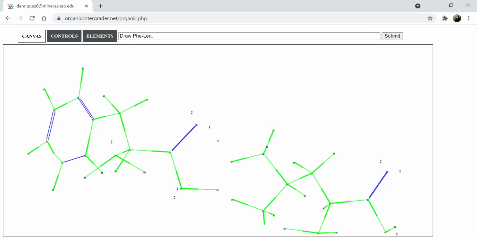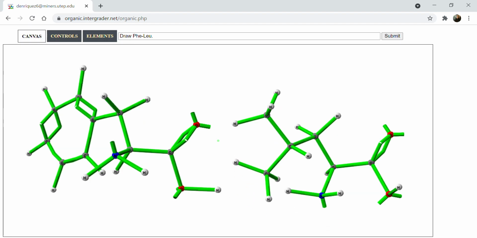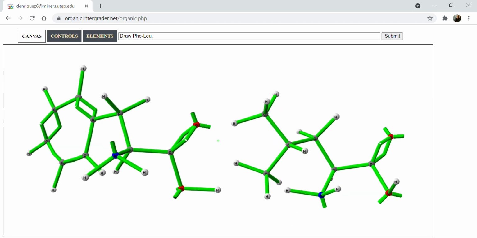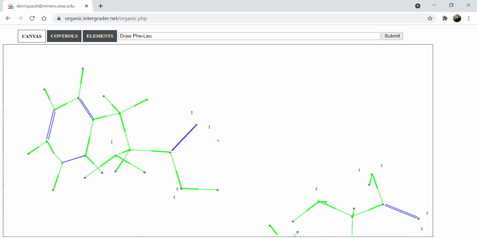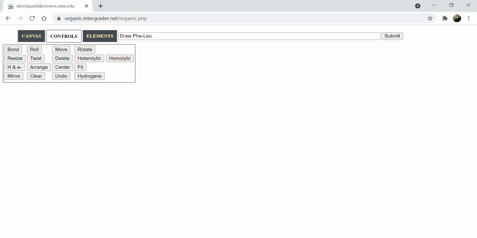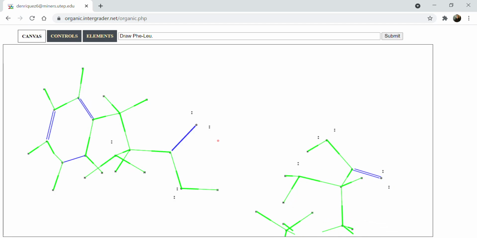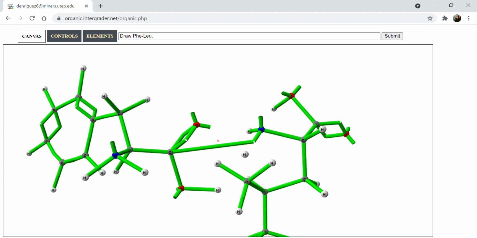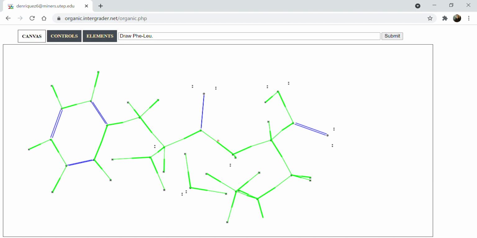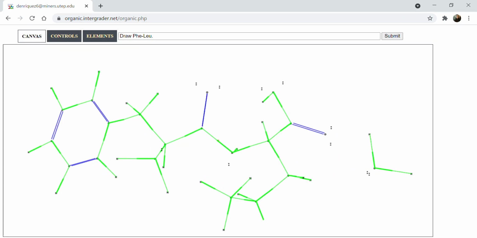We only had 1 chiral center on that one, so we don't have to worry about it. Leucine, we don't have another chiral center either, so all we gotta do, oh, it's already in the right orientation. So I'll move it a little bit closer. Using my heterolytic function, I'll grab this, grab that, arrange, move this here so I can delete it.